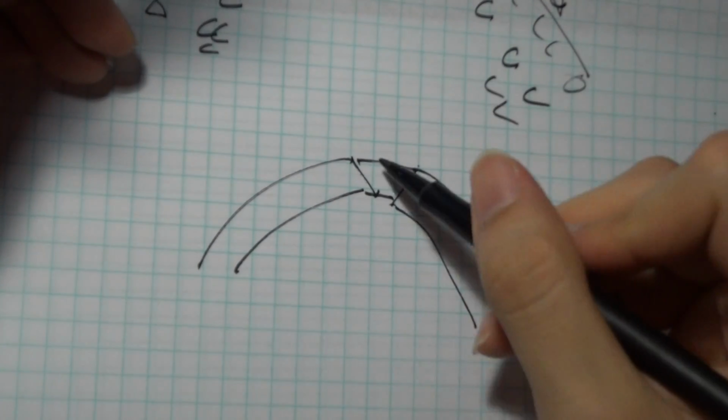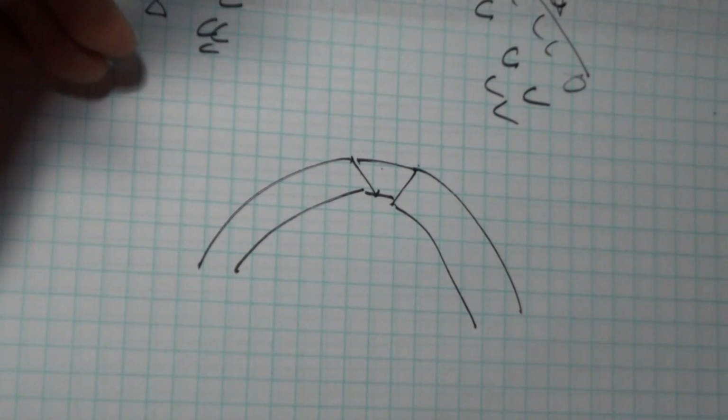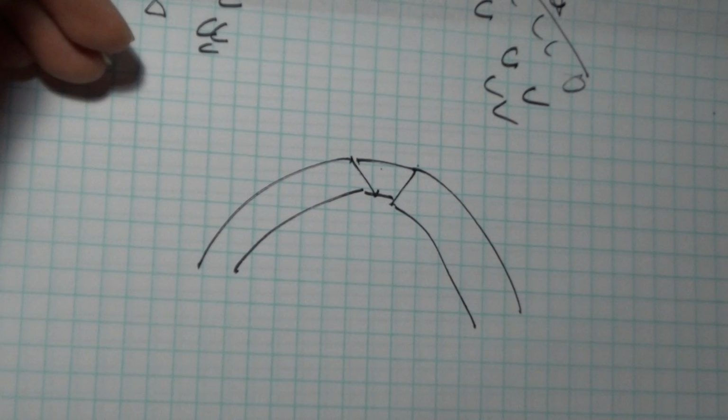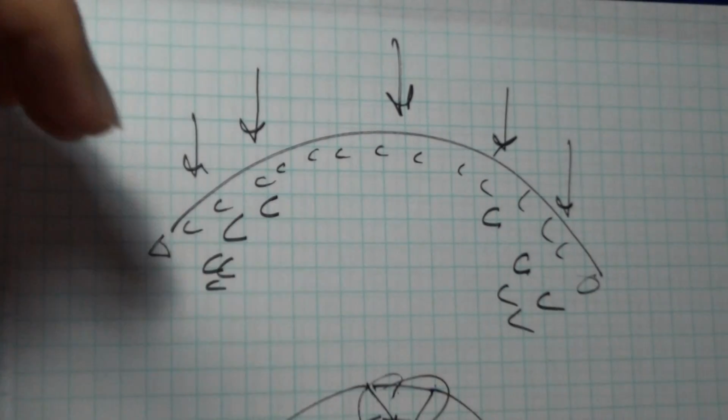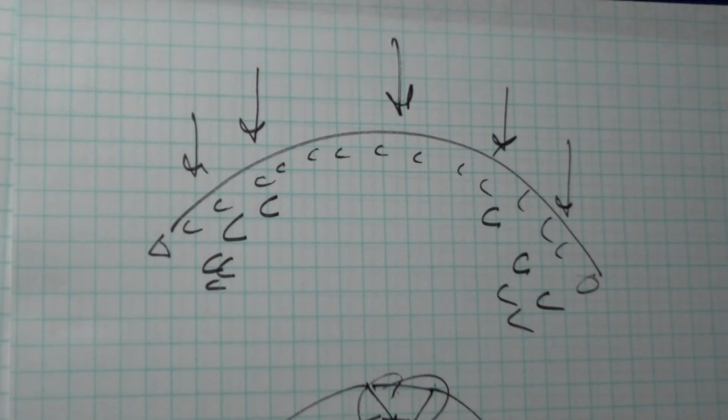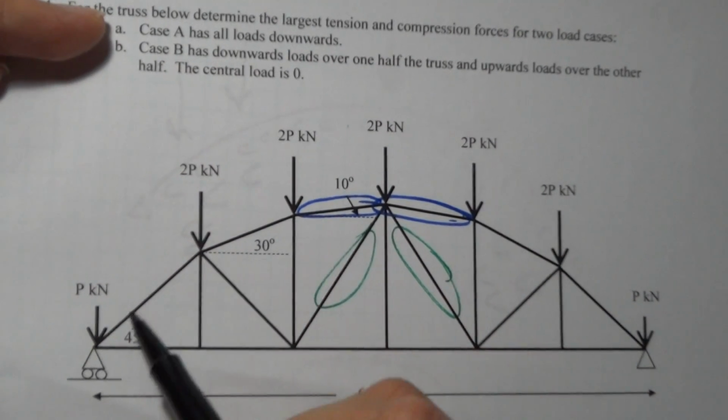Even though it doesn't take that much load, you can't have an arch without this element at the top. So what you should find is that you get larger and larger compression forces as you go further along your arch.